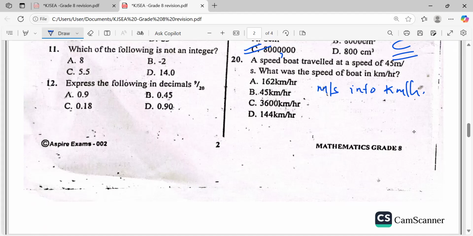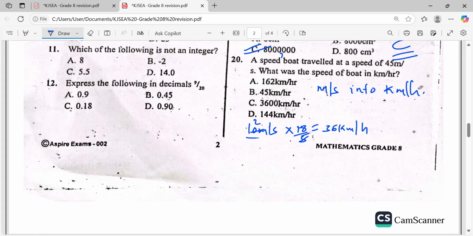When we want to change meters per second into kilometers per hour, we multiply by 18 over 5. Because we always know that we normally convert 10 meters per second into kilometers per hour by multiplying by 18 over 5, which gives us 36 kilometers per hour.